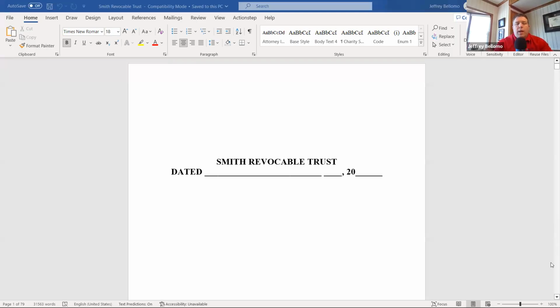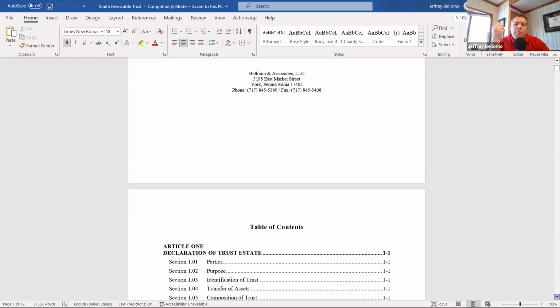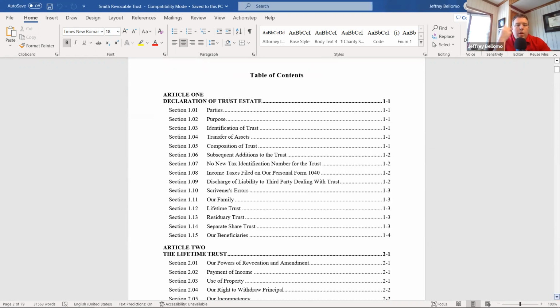So here is the revocable trust cover page. Of course, the dates will be filled in on the day that you're going to sign. And we have a table of contents. Similar to what I mentioned in the will video, the table of contents is simply where to find something. These provisions are not dispositive, meaning they don't actually tell you what the actual document does or says, although you can certainly pick out what most of it does.